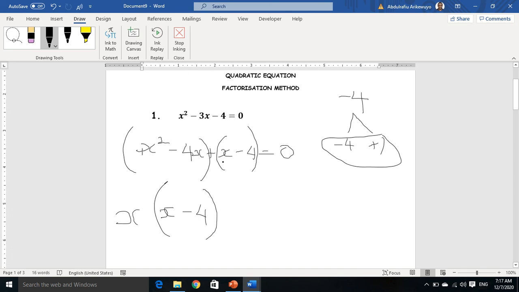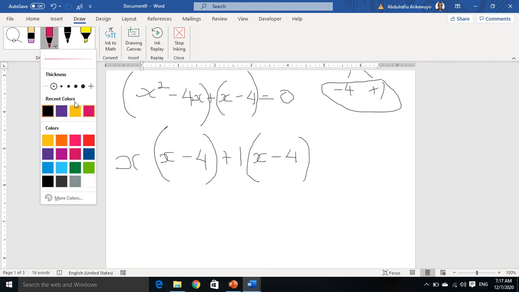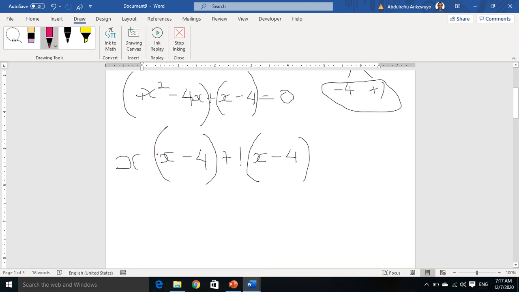If you look at this, you will see that there is nothing I can factorize here, so I will do plus 1, because if I multiply 1 with all of this, I will get the same thing: x minus 4. Now, can you see that this and this are the same?